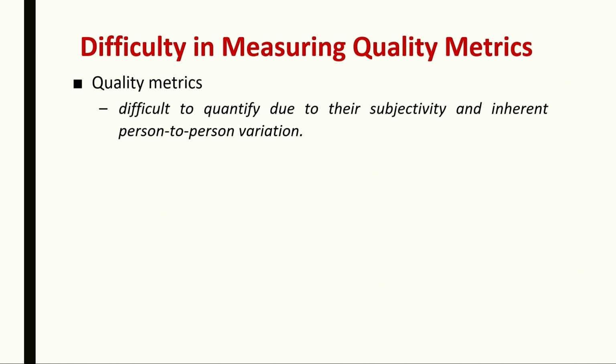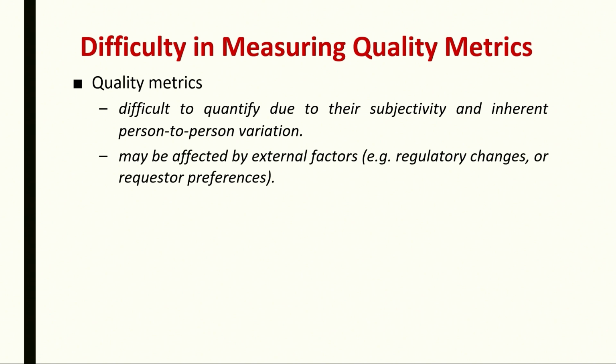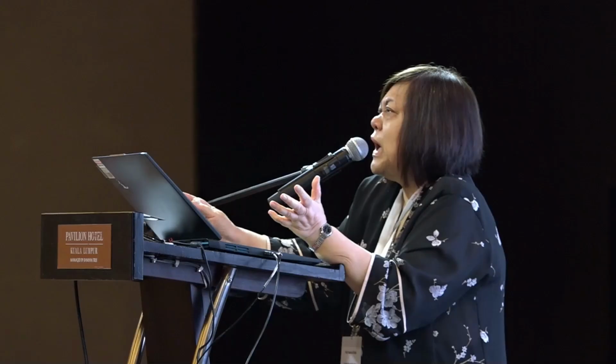And some of the additional external factors would be when there are changes in the regulatory rules, or when the requester, him or herself, says it's not so positive. How positive do you want to be? All right? And the worst case scenario is that I want to confirm negativity. It's negative. How negative do you want it to be?